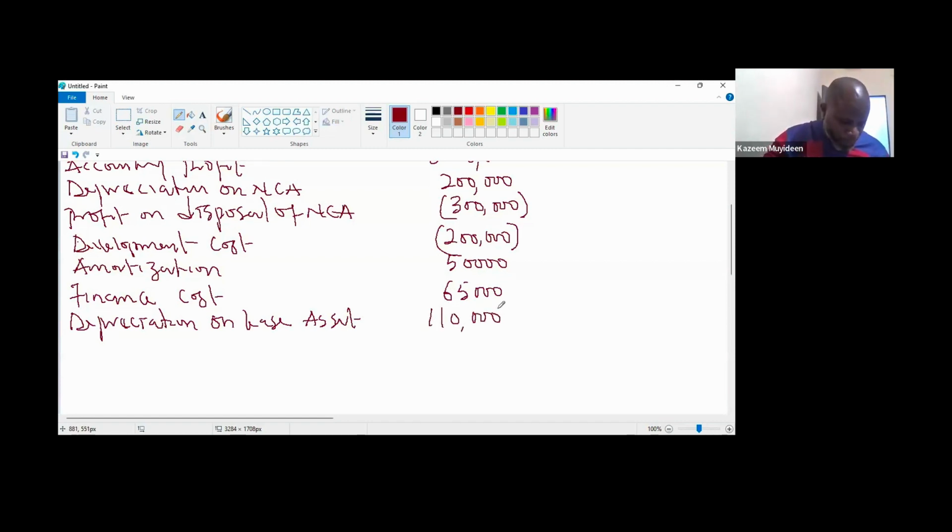Okay. So now, lease payments. The rental of 150 is deducted. Next. Oh, interest on borrowing costs.